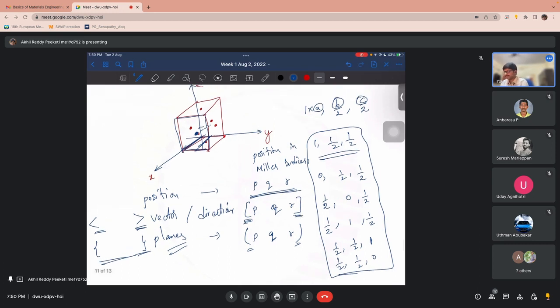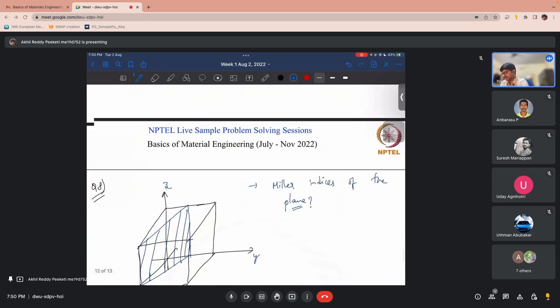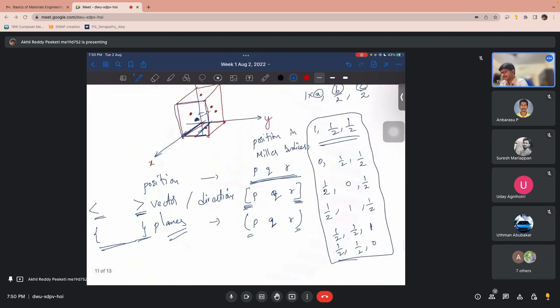Okay. So now we have written the positions for each of these faces. Now let's look at direction. Let's say we want to write the direction for this position. What will be the vector for this Miller index position?